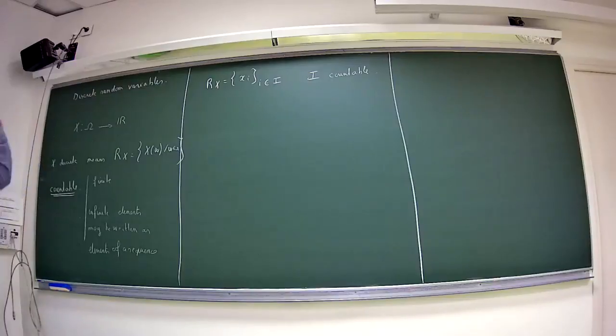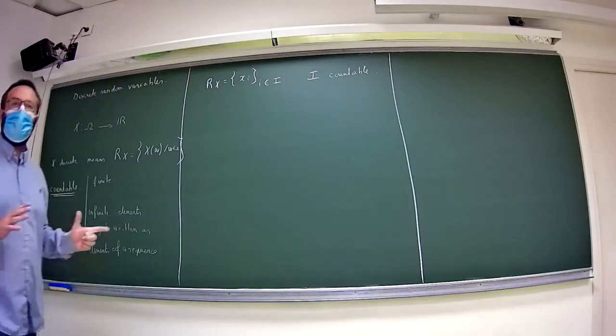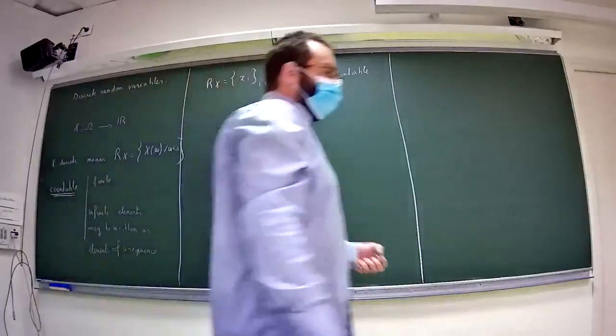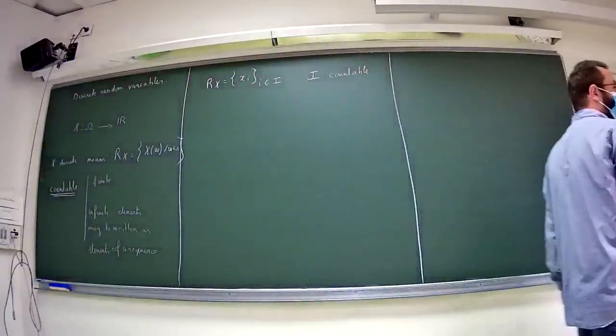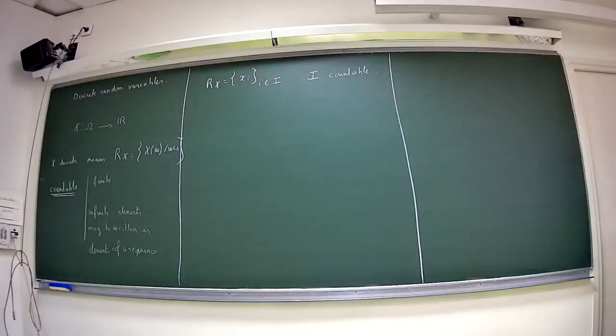So, this is the general framework of being a discrete random variable. I have said that in this situation, in order to characterize the distribution of my random variable, it is sufficient to know what I have called the probability mass function. Okay?